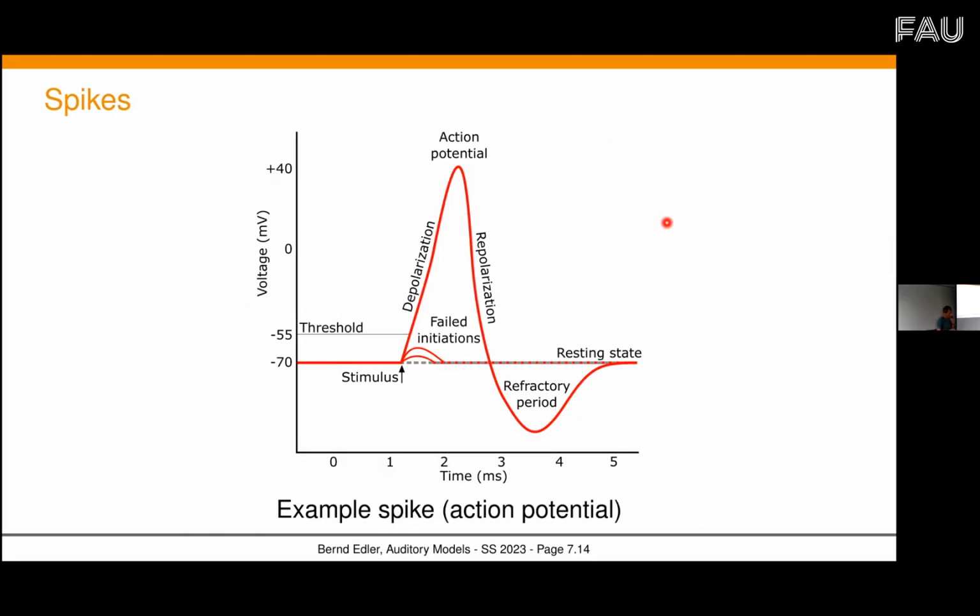And then regarding spikes, I talked about spikes all the time. This is one example spike, or action potential. If we talk about neural activities, we have to know what that means. If there is a stimulus present, or let's say switched on at a certain point, there would be some electrical processes going on in that neuron.